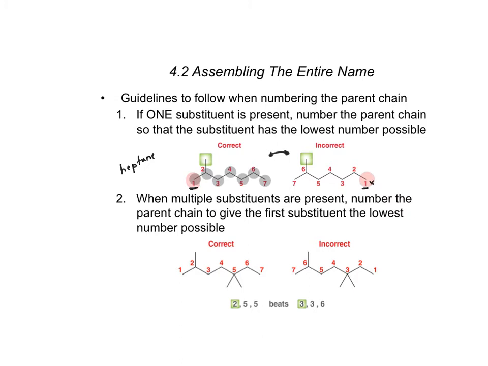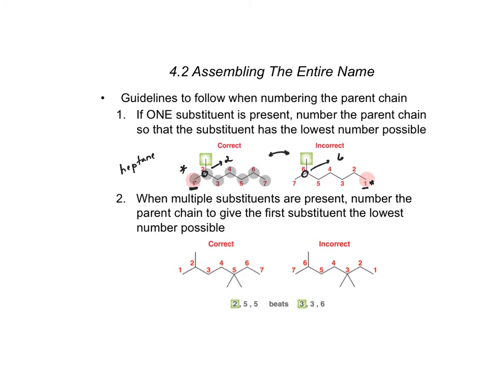So if I started over here on the right, and I numbered 1, 2, 3, 4, 5, and got to 6, my first substituent here would be number 6. Whereas if I started numbering over here on the left-hand side of this molecule, and numbered 1, 2, 3, 4, 5, 6, 7, all the way to the end, then my first substituent is at the 2 position, okay? So this is how we're going to number this chain, because it gives our first substituent the lowest number possible.